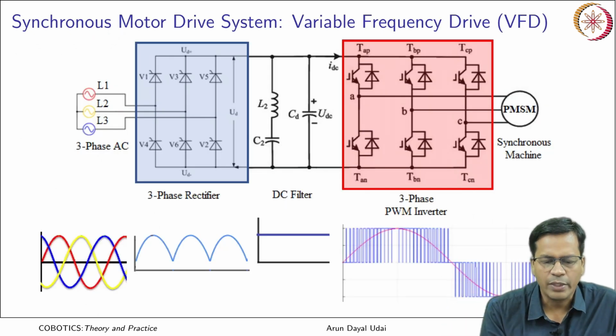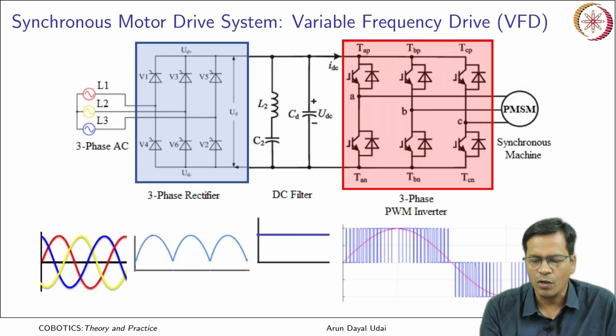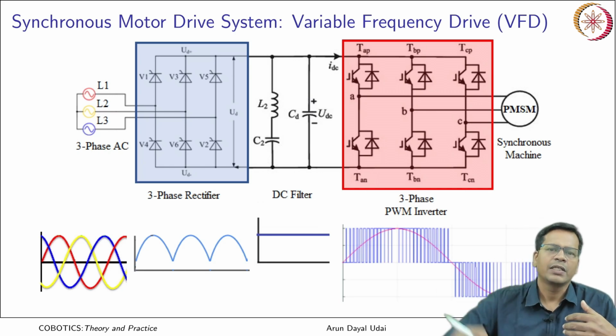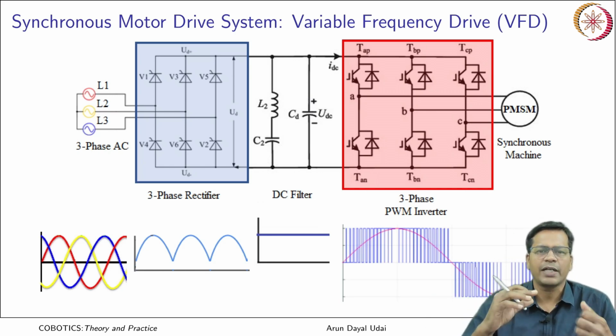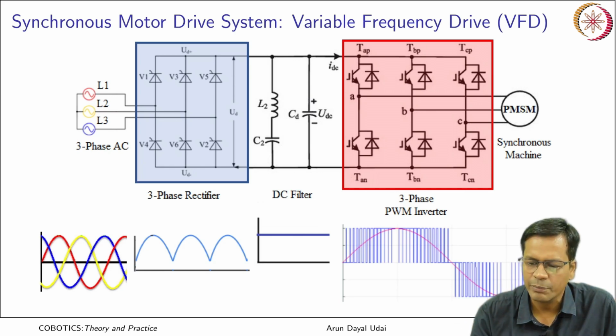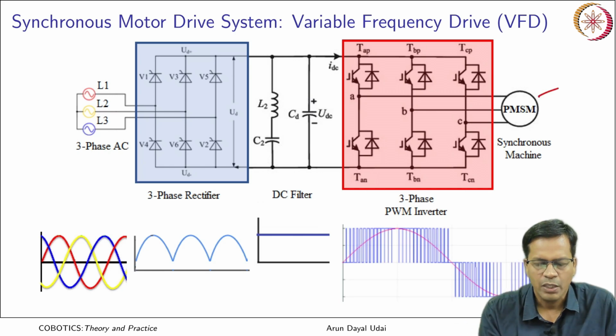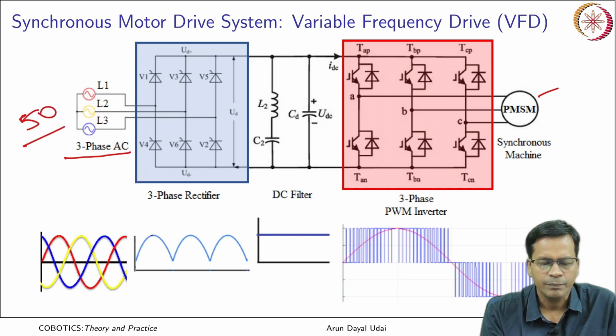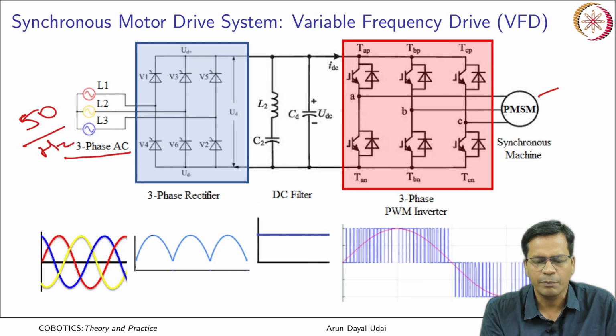So now let us look at the whole driving system, and how to change the frequency, because whatever the 3-phase AC frequency is, that becomes the speed of the synchronous machine, that is the PMSM motor which is here. So you have to input the 3-phase AC supply, that is 50 hertz in India. Okay, 3-phase AC is inputted.